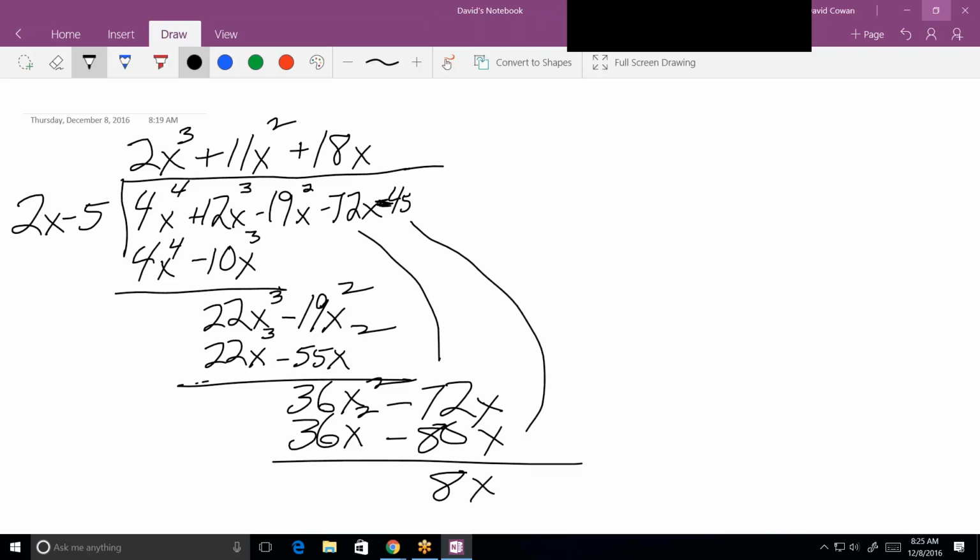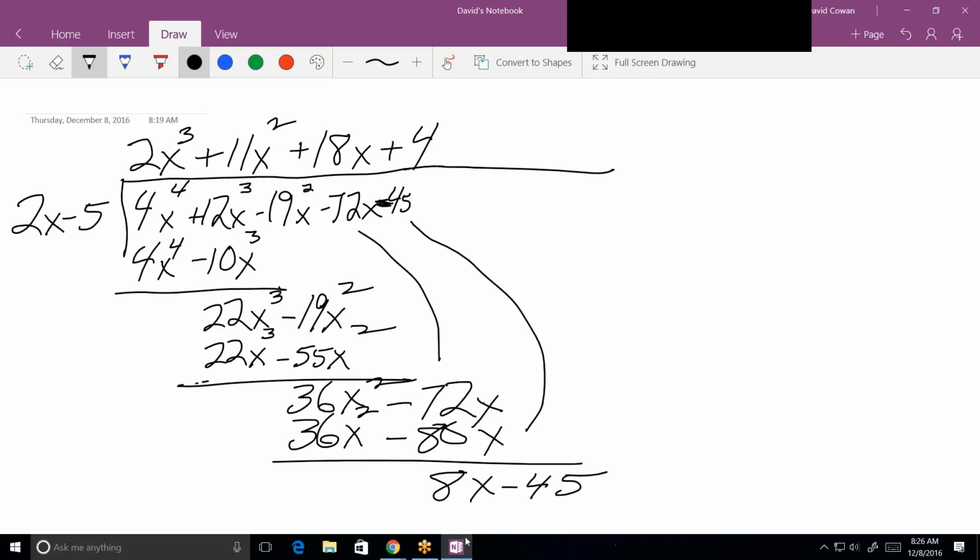That's a minus 45. And now repeat again. It's always a repetitive process. You're just doing exactly the same thing you did at the beginning. Divide 2x into 8x. How about 4? That's a plus 4.